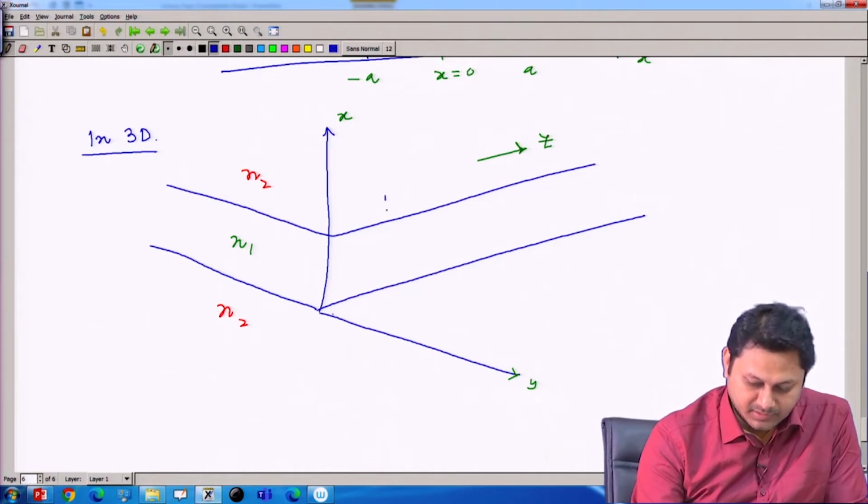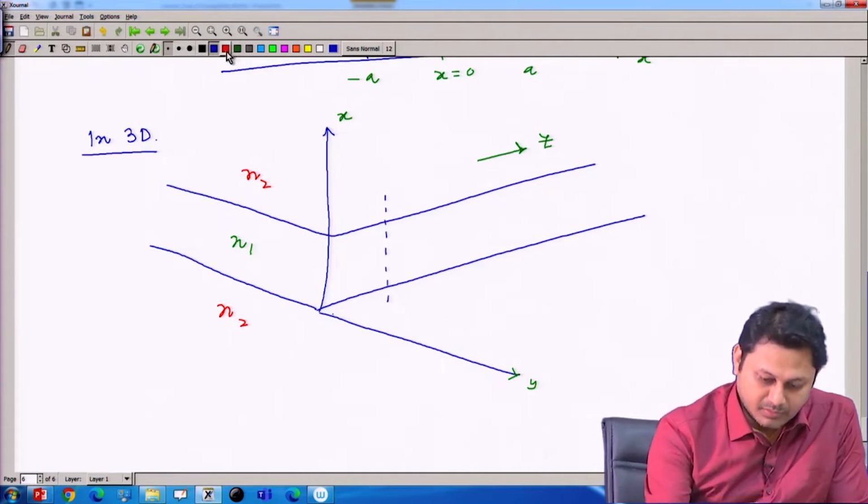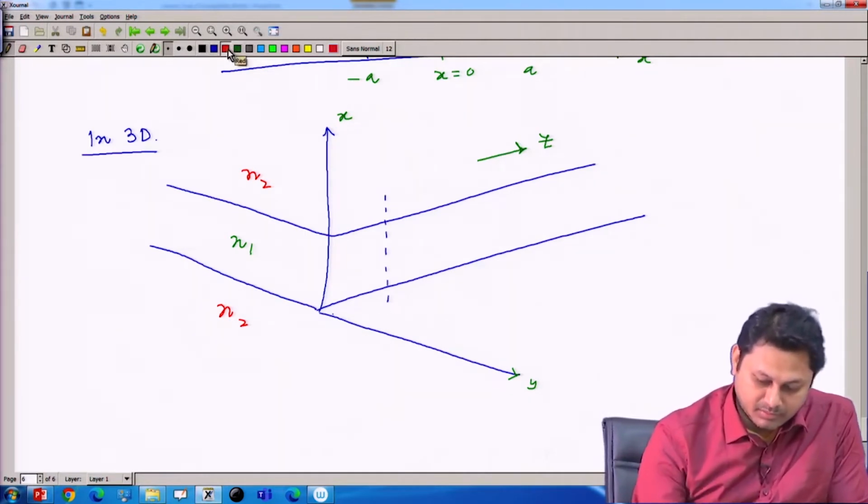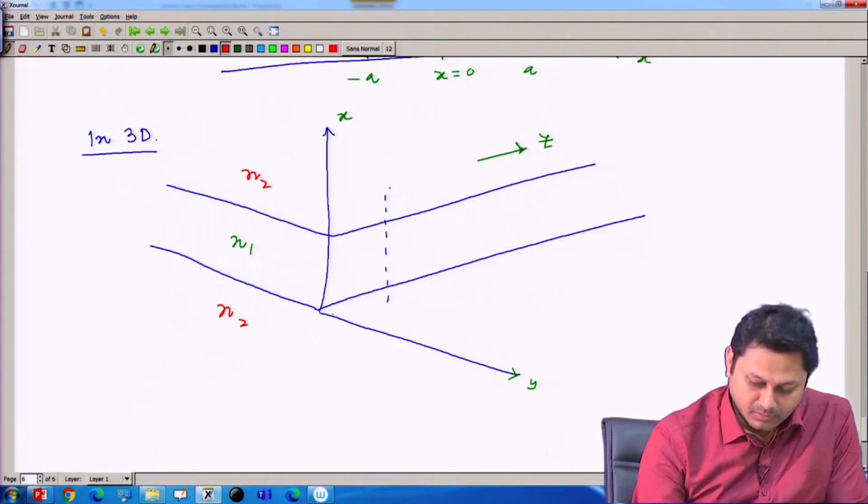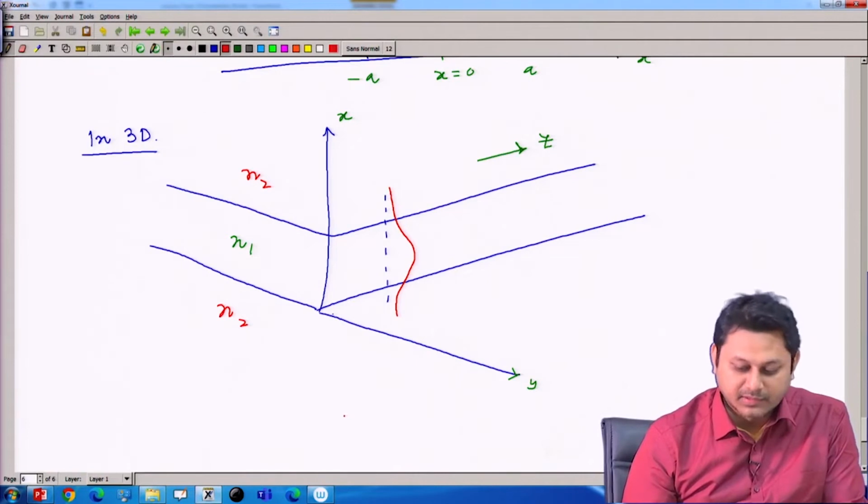So the fundamental mode will look something like this. This is the fundamental mode.